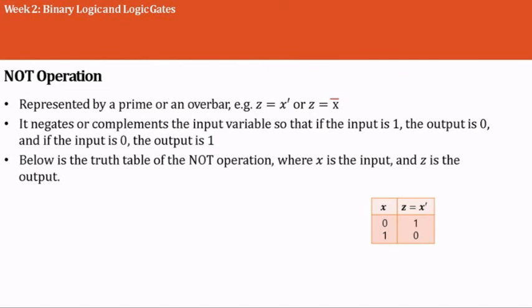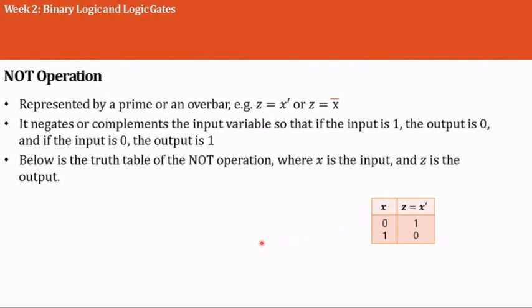It negates or complements the input variable so that if the input is 1, the output is 0, and if the input is 0, the output is 1. Below is the truth table of the NOT operation where X is the input and Z is the output.